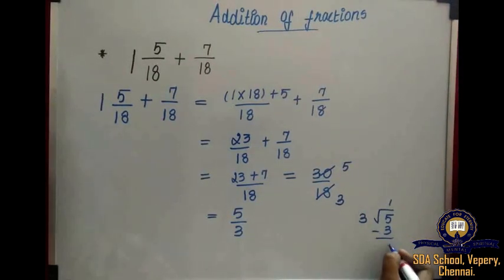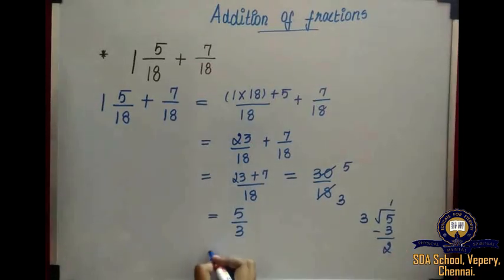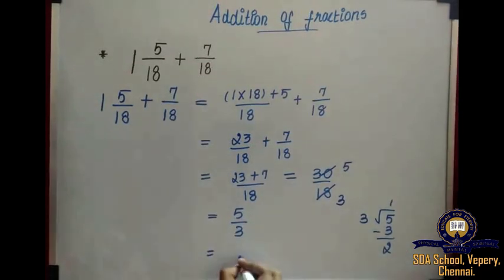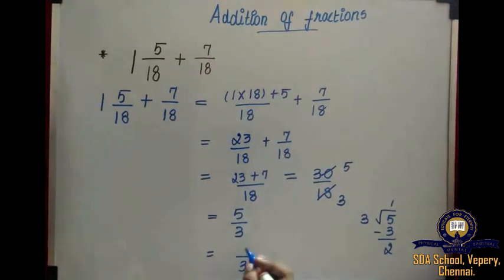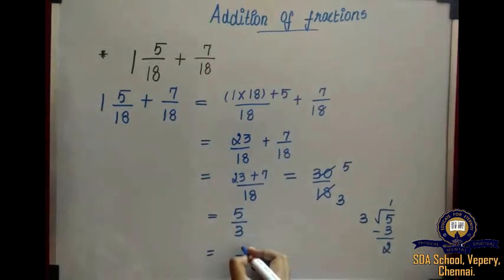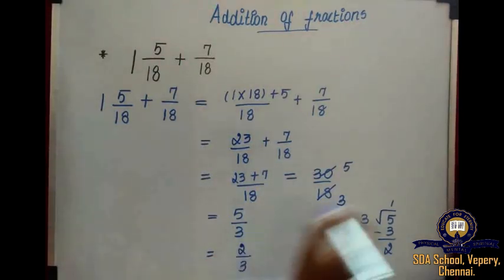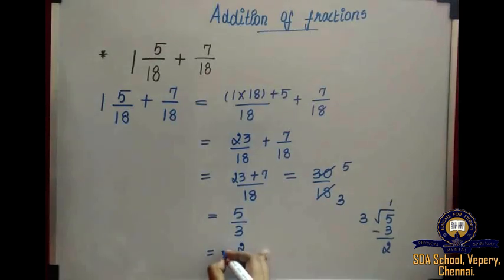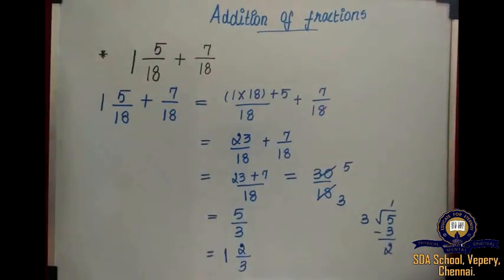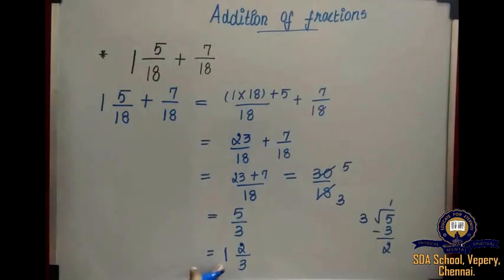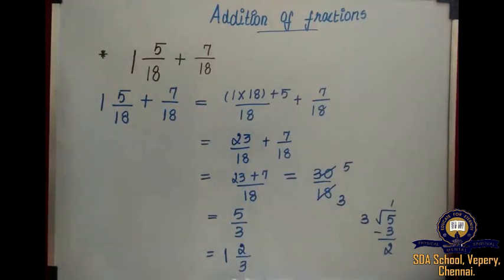So the remainder is 2. So it is 3, and the remainder will come above as the numerator 2 and the quotient will come here 1. So the answer is 1, 2 by 3.